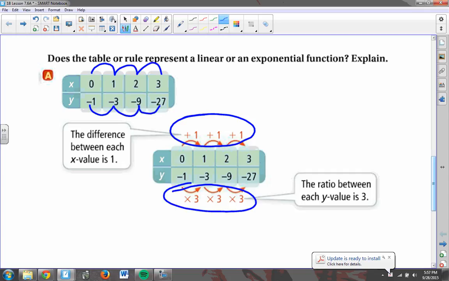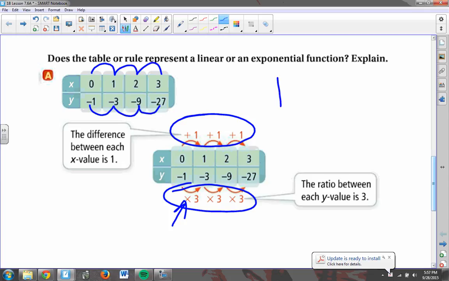So we're not adding some number every time. Instead, we're actually multiplying by some number every time to get to our next y value. Okay? Whenever we see multiplication right here, that indicates that this is an exponential function and not a linear function, okay?